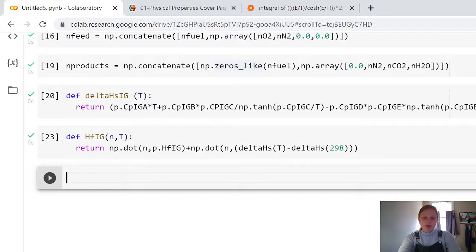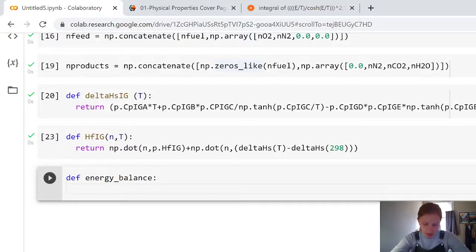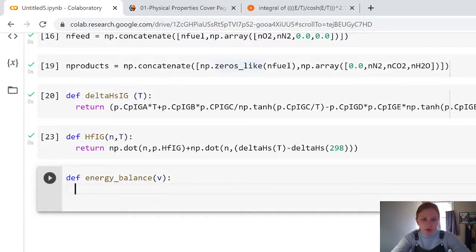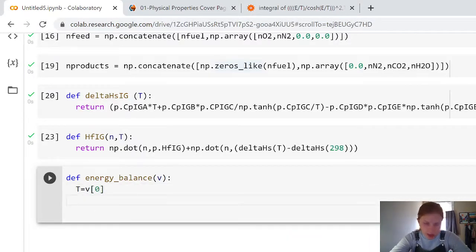We need another equation for our energy balance. In order to do that, we're going to put the moles of our feed and the moles of our product into a function. So we're just going to call this energy balance. Oh, sorry. We're just going to make it B. So now we want to say that our temperature, and we're just going to create our array here. And we want it to return heat of formation of an ideal gas, N feed, the number of moles going in at 298.